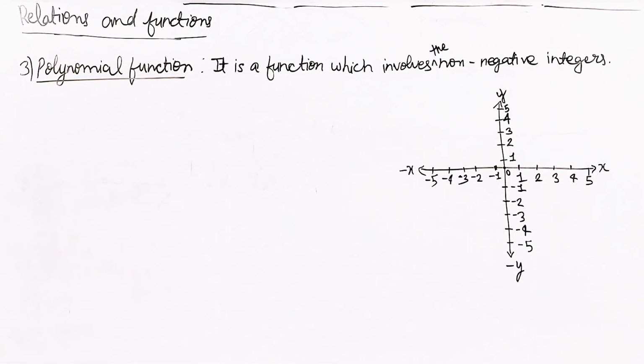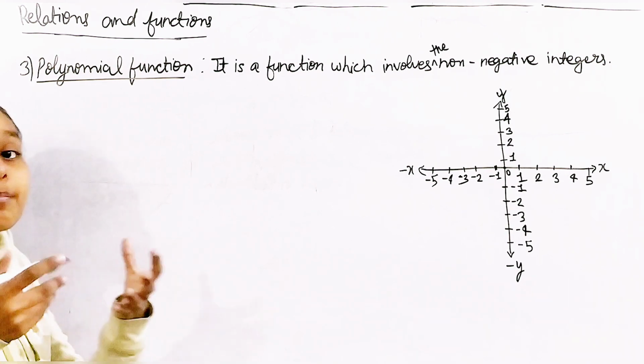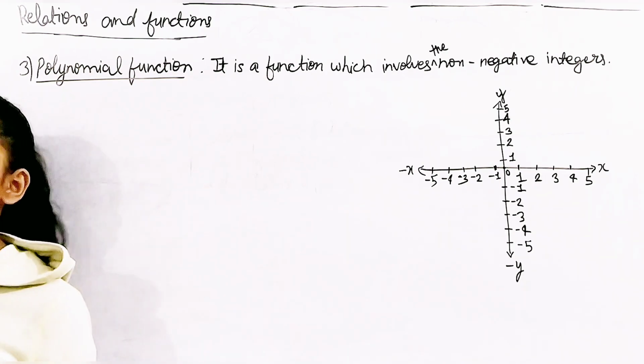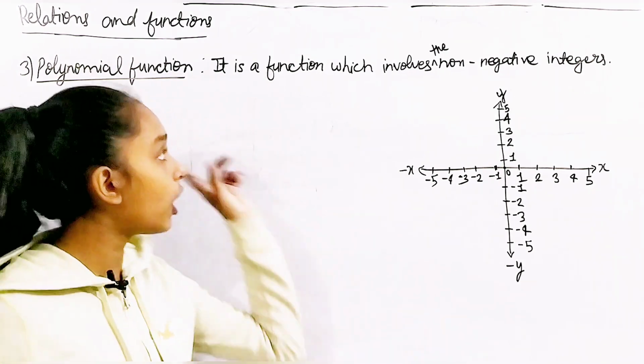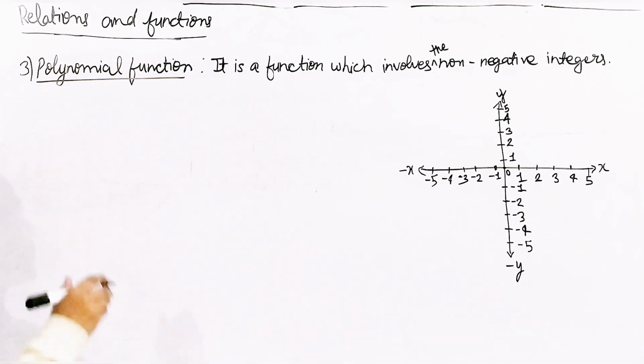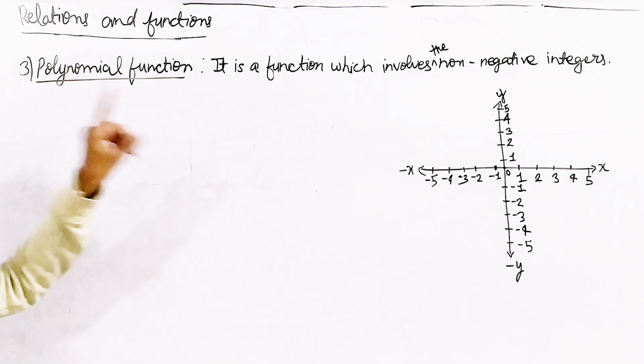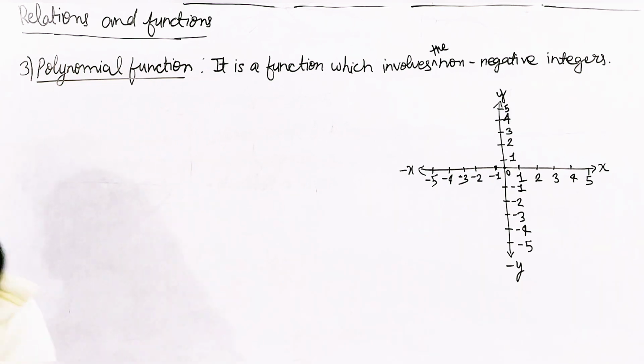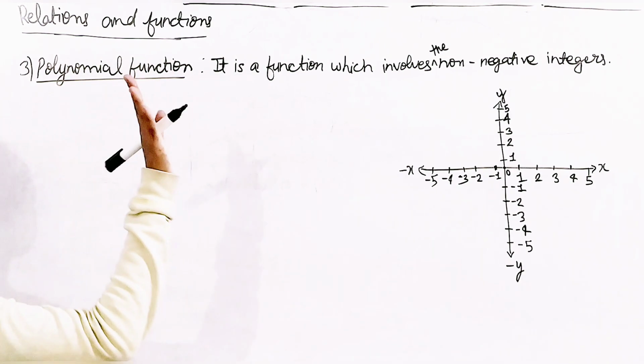So, you're talking about an independent variable. A function in which the independent variable is a part of the polynomial expression, as you all know about polynomial expression. And this function involves the non-negative integers. That's it.